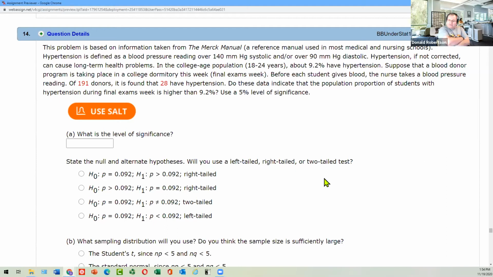Has anybody here heard of the Merck Manual? I haven't, but then I'm not a medical person. So evidently it's like the medical Bible, right? If you want to find out anything about blood pressure, you go and look at this manual. It's probably online now, like everything. And it'll tell you all the things that a doctor might want to know.